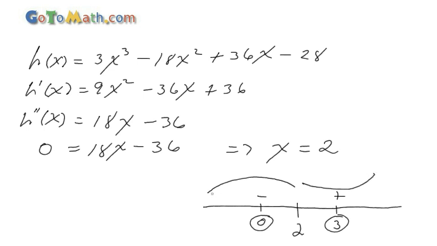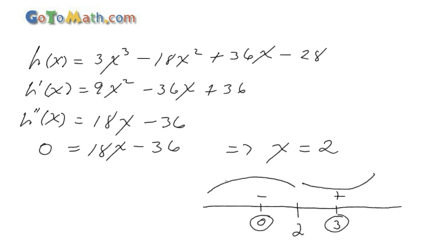Okay, so since there's a change in concavity here, that means that there's possibly an inflection point. And one other thing, a tangent line must exist at that inflection point, and of course it does. Okay, there is a tangent line at that inflection point.